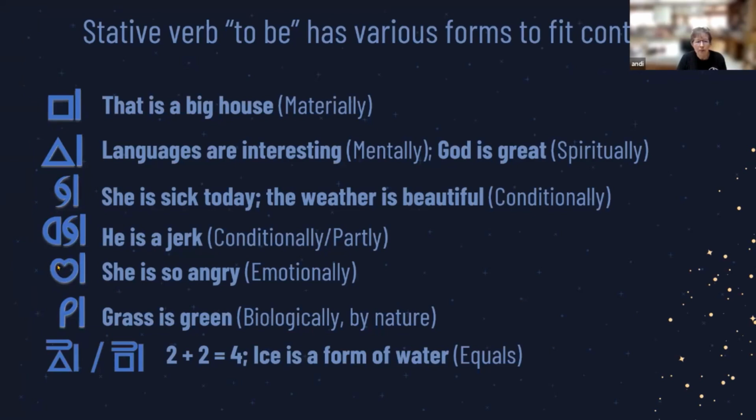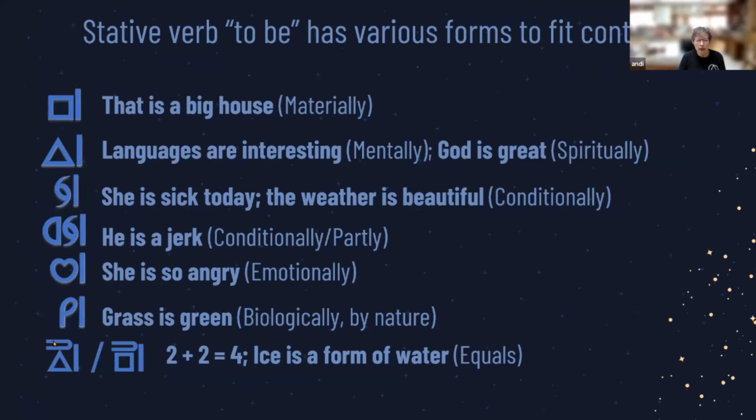And then emotionally, we could have an emotional "is": she is so angry. We can have a biological "is": the grass is green, related to life. And then we have the actual equation, the actual "equals is," which is important to distinguish. So here, this is the symbol for equal.